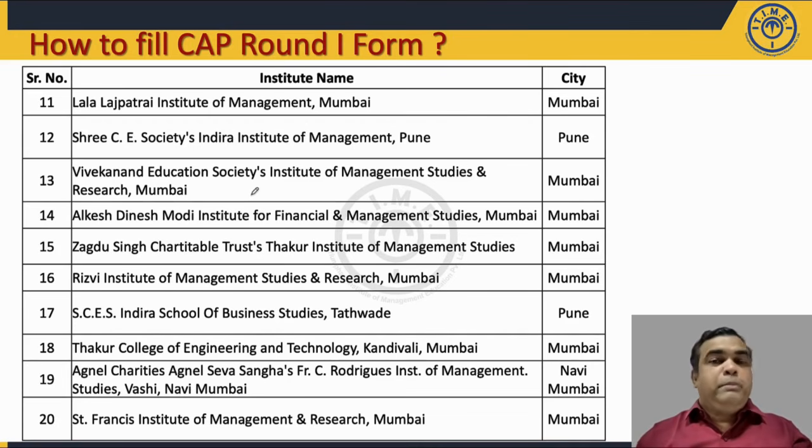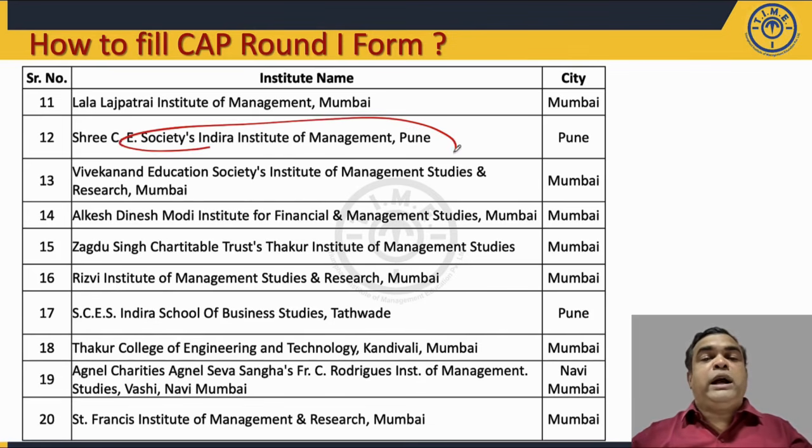Let's say I'm putting this Indira college at number 12. Somebody from Mumbai will say, okay, I don't want to go to Pune. He'll eliminate this choice completely. So my putting that college above certain colleges doesn't matter for him. So it is very difficult to rank the colleges after the top 10 colleges.